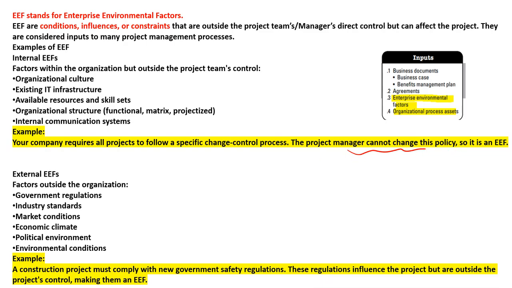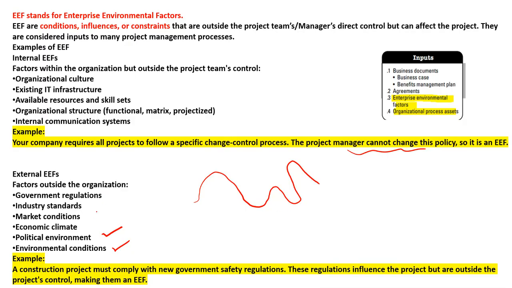Suppose you are working on a multinational project: currency fluctuation is something the manager or the team cannot control, so this is an enterprise environmental factor. Similarly, the political environment and environmental conditions: if you are working on the project and suddenly a natural disaster comes, this is not in the control of the manager, so it is an enterprise environmental factor.